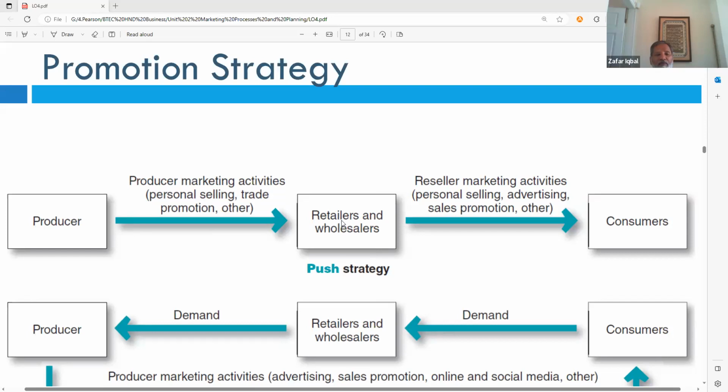The main aim for the producer is to produce these goods and sell them to the wholesalers based on personal selling, direct selling, and trade promotion. So these people will give a promotion to the wholesalers, and they keep those products.